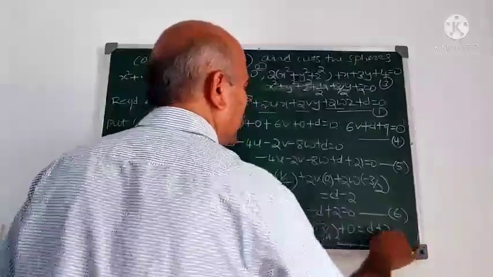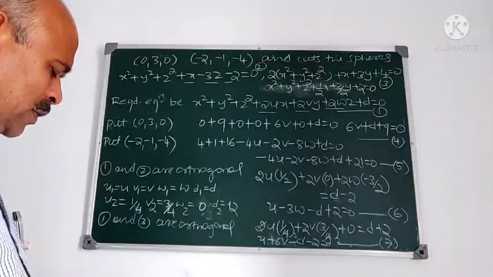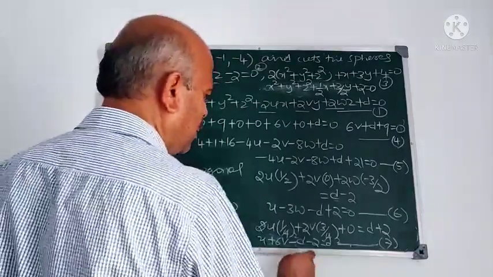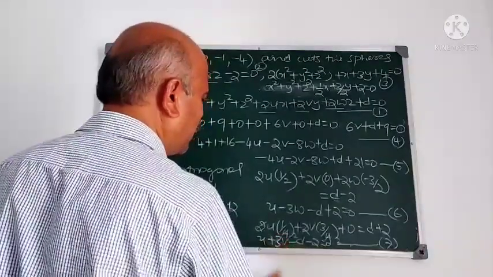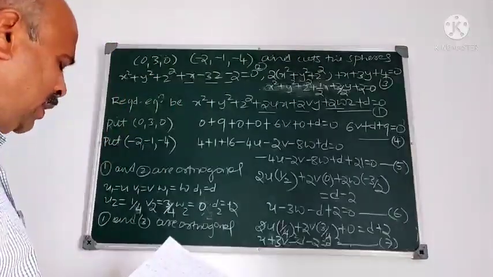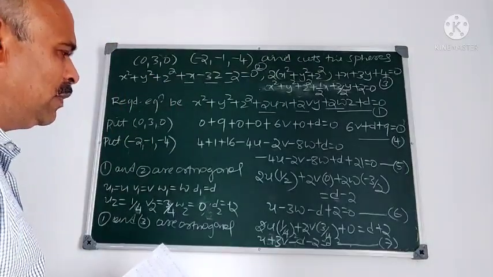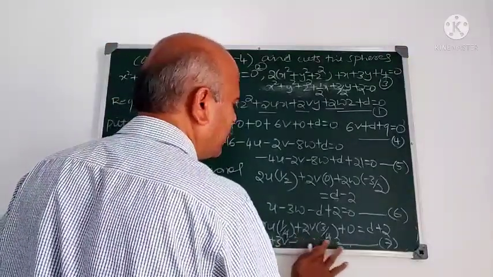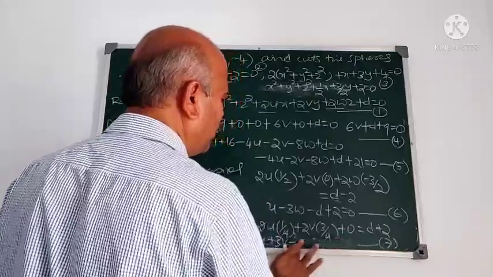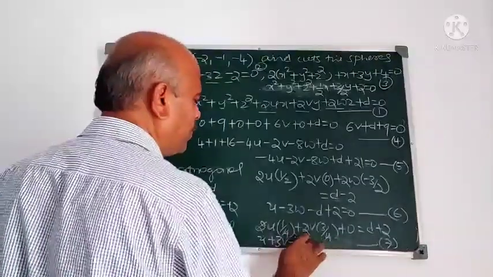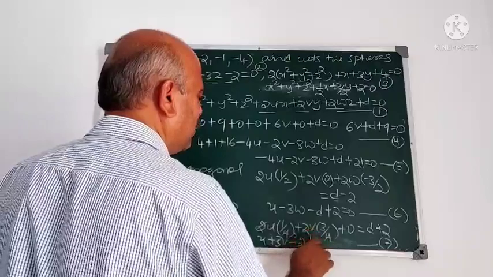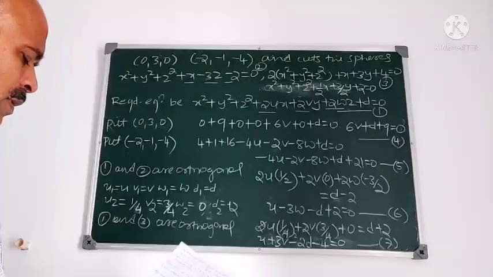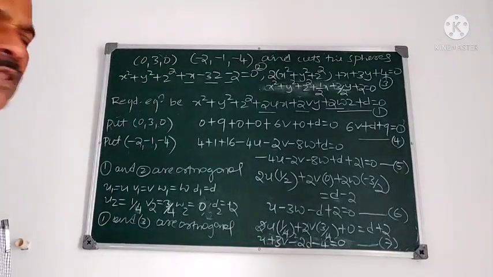This is 7. Verify this. u plus 6v, is it 6v? No, u plus 3v minus 2d, because we have multiplied by 2 here. u plus 3v minus 2d minus 4 is equal to 0. Am I correct? u plus 3v minus 2d minus 4 is 0.